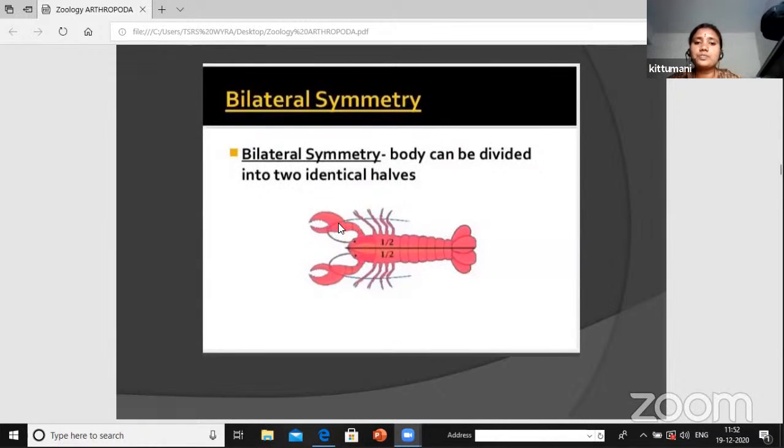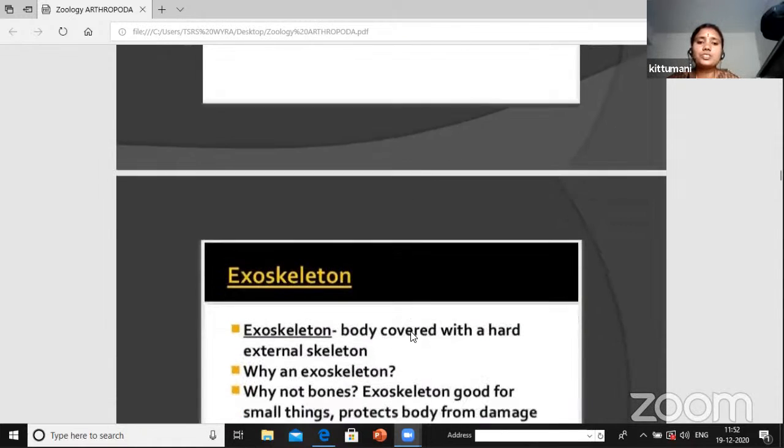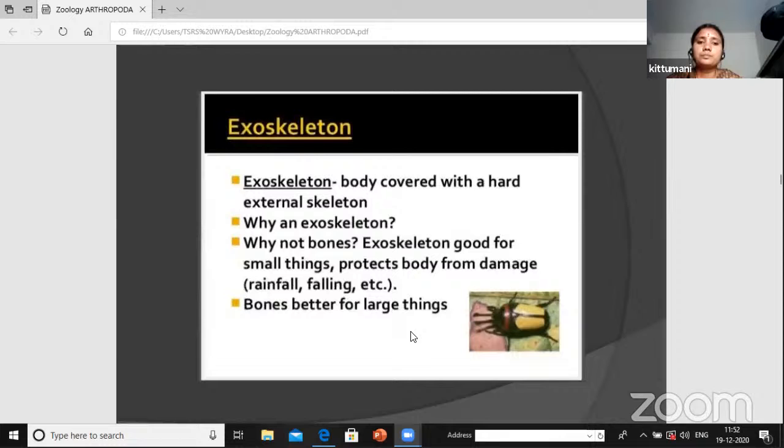It is a scorpion which is related to the phylum Arthropoda. It is divided into two equal parts. So it undergoes bilateral symmetry. Next, it is exoskeleton. The arthropods have a unique and very important feature. What is that? Exoskeleton.